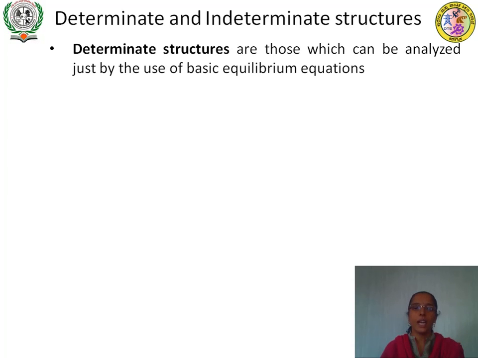Whereas for a three-dimensional structure we have six equilibrium conditions, that is sigma Fx, sigma Fy and sigma Fz equal to 0 and sigma Mx, sigma My and sigma Mz equal to 0.